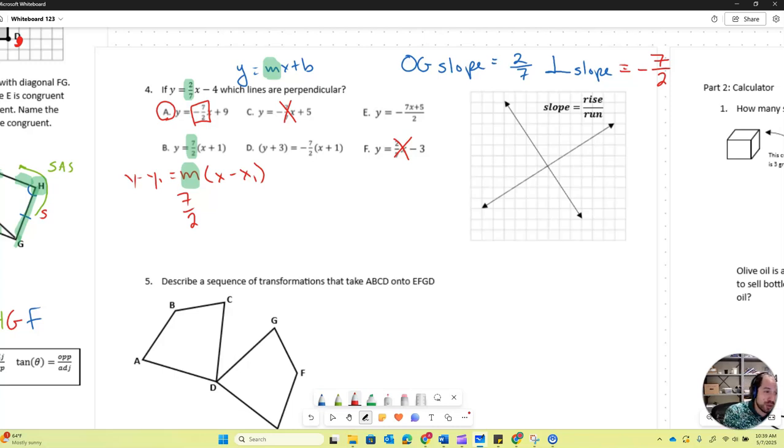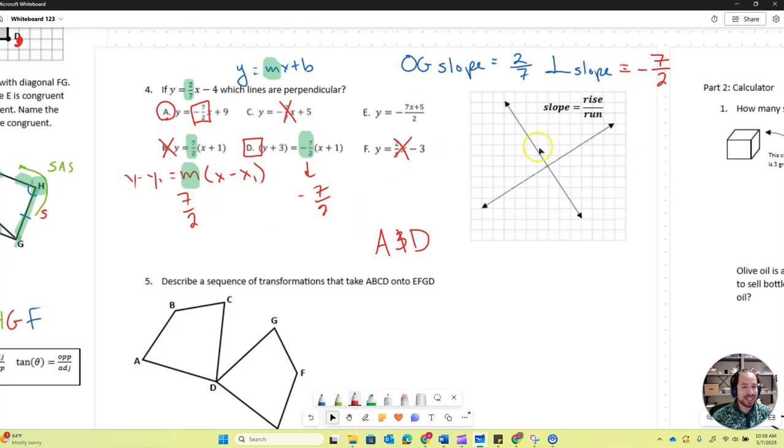It's just the reciprocal. Not going to work. Letter D is also in point slope form. Here is my slope. Oh, look, -7/2. Boom. We have our answers, A and D. We didn't even really need to use the graph here to do that.